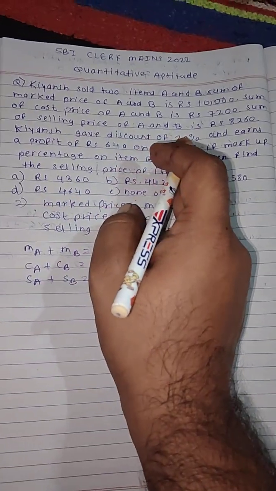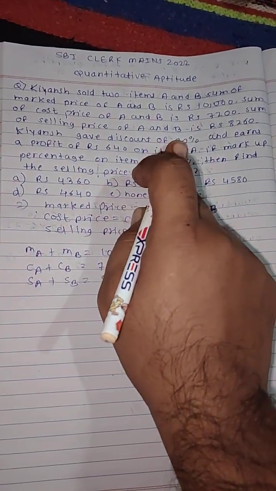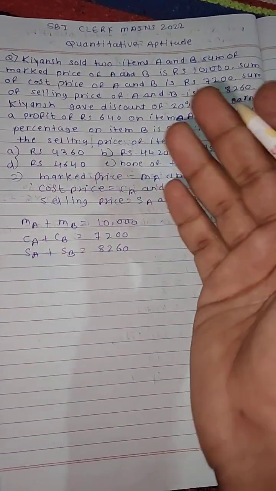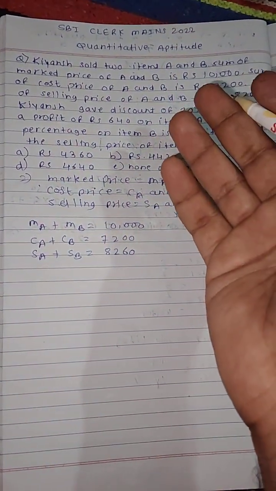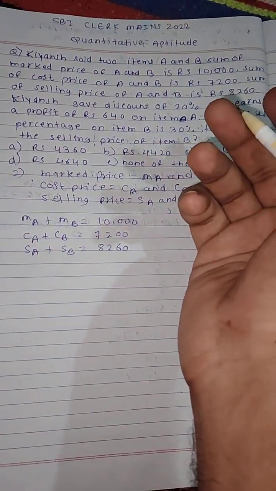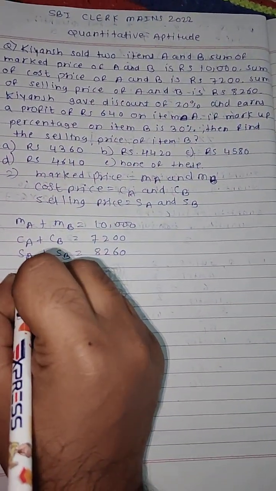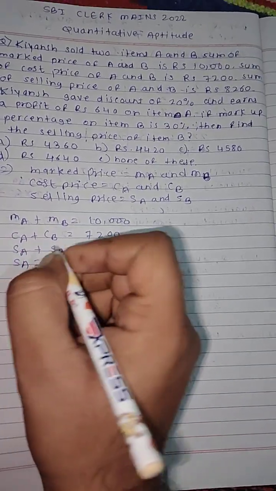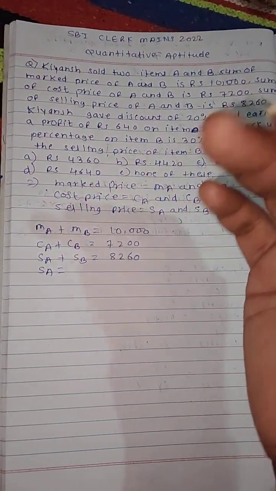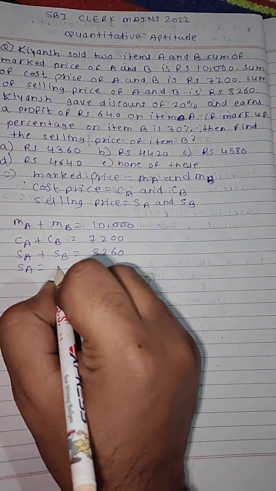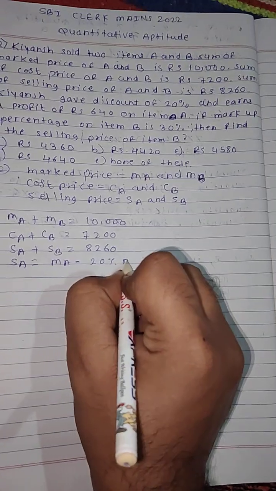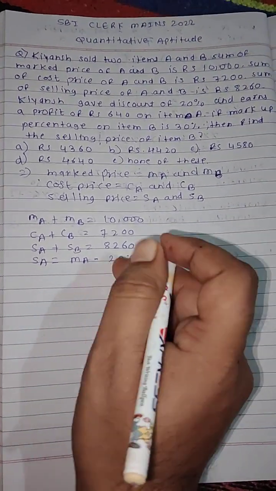Kiansh gives 20% discount, they have mentioned. So the discount is measured on the market price. In the selling price, 20% discount means whatever price is there, we need to subtract 20% of that. So market price is there, and we need to subtract 20% of the market price.